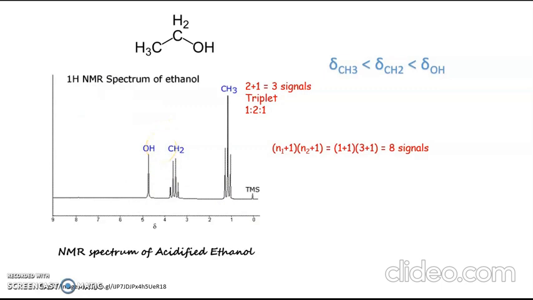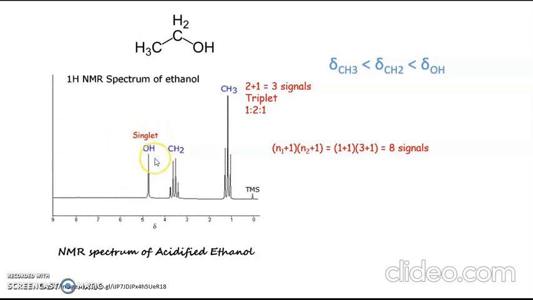In other words, there is no spin-spin interaction between the OH proton and the other protons, as the OH is not staying stable long enough. So the high resolution NMR spectrum of acidified ethanol consists of an OH singlet.